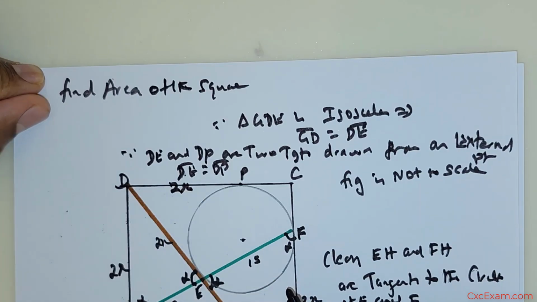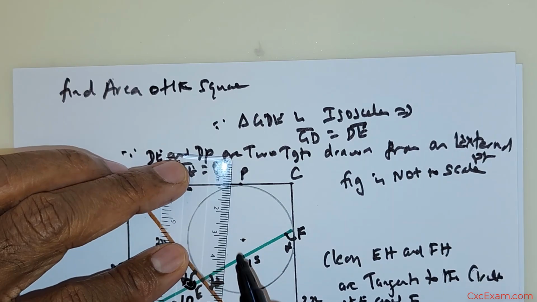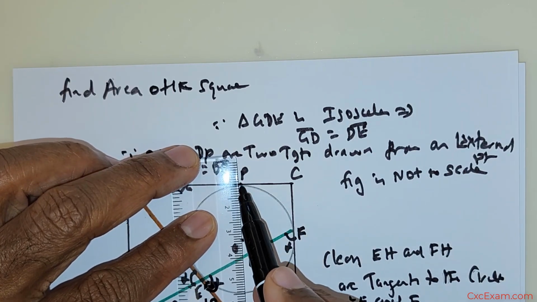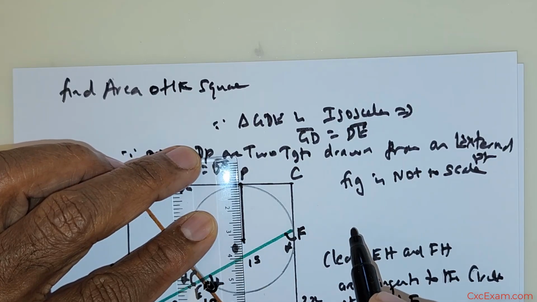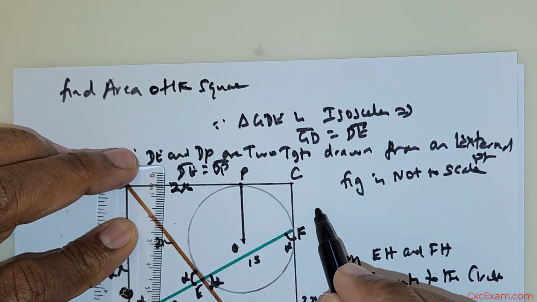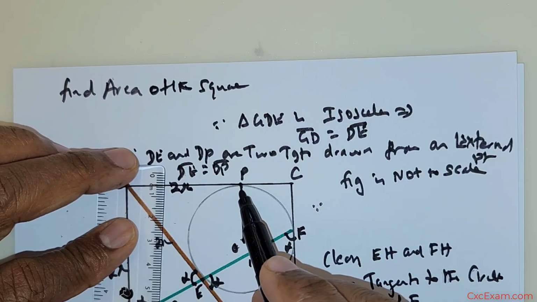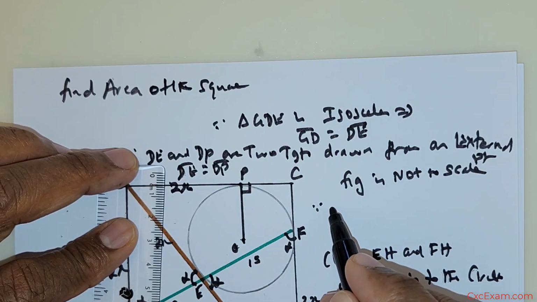This length is 2x. Now I'm going to take this center as O and draw a perpendicular. This is the radius, right? So this is going to be 90 degrees.